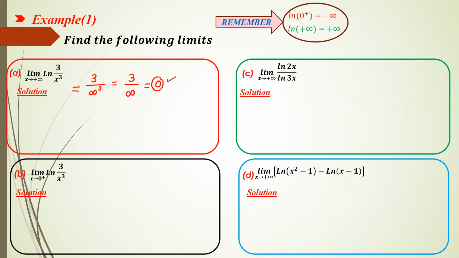For the second example, we have the limit of ln of 3 over x cubed when x goes to 0 from the right. By direct substitution you will get 3 divided by 0 from the right cubed, and 0 from the right means a number a little greater than 0, so it will be positive, and when we cube it, it means 3 over 0 to the right, and this gives us plus infinity.